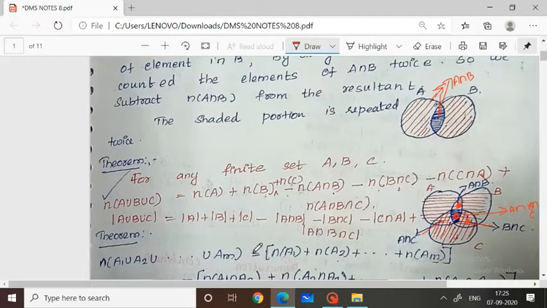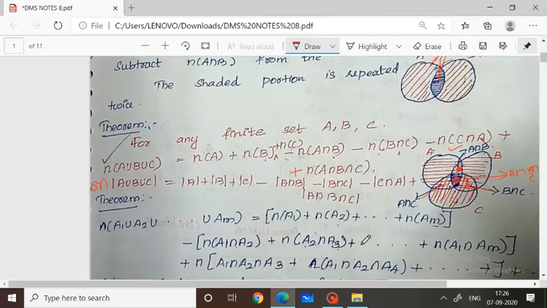Now the number of elements in A union B union C is equal to number of elements in A plus number of elements in B plus number of elements in C, minus number of elements in A intersection B, minus number of elements in B intersection C, minus number of elements in C intersection A, plus number of elements in A intersection B intersection C. Otherwise you can write this as mod A union B union C equals mod A plus mod B plus mod C minus mod A intersection B minus mod B intersection C minus mod C intersection A plus mod A intersection B intersection C. So this is the concept for three sets.